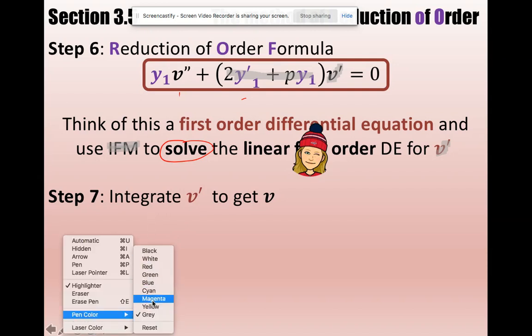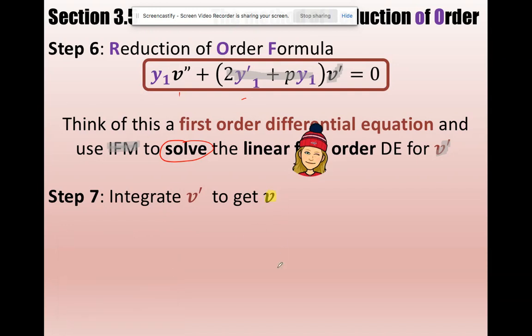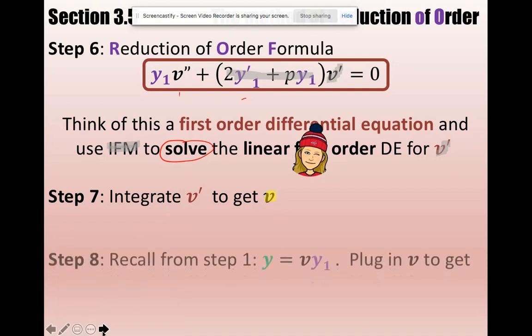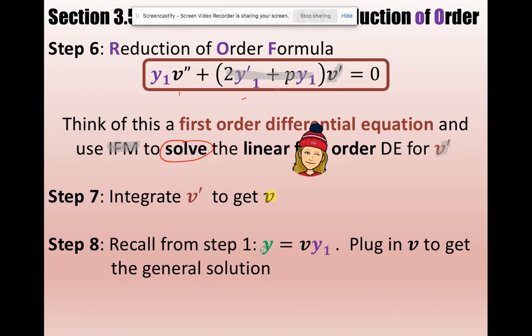So then I have to integrate v prime to get my v. And then recall from step 1, we defined our overall solution to be v times y1. So take this v, plug it in, and you're going to get your general solution. Oh my gosh, this sounds so amazing, doesn't it?